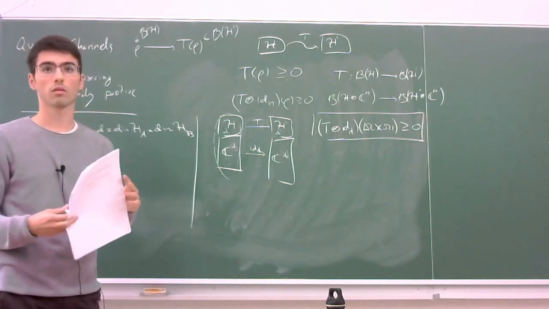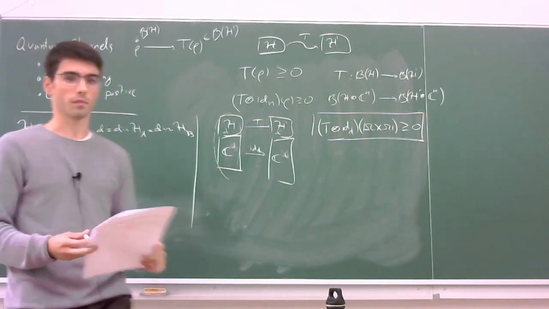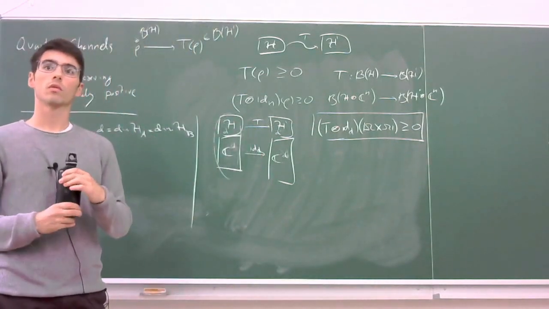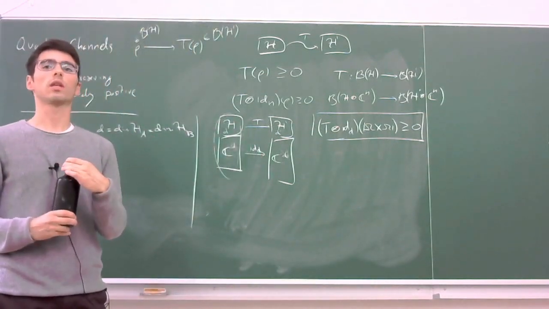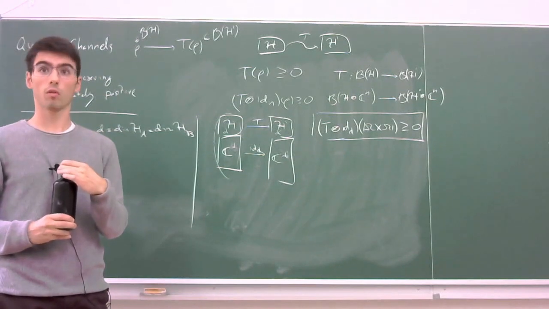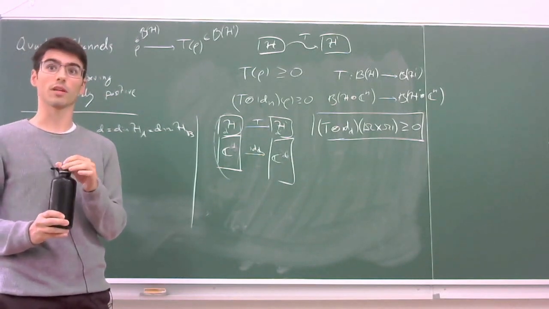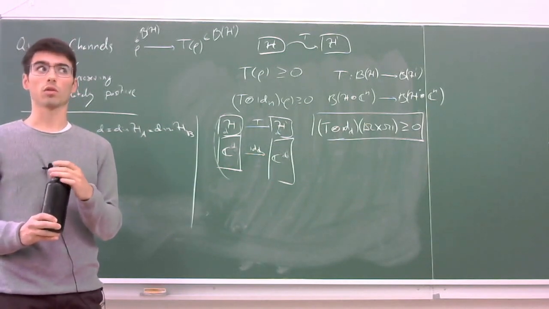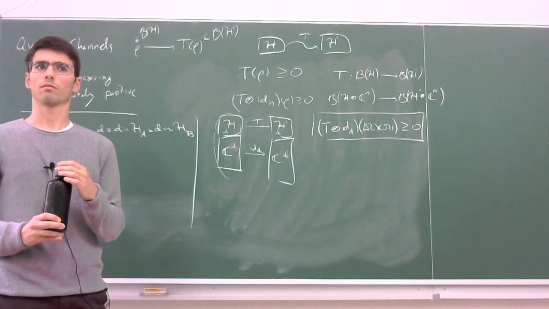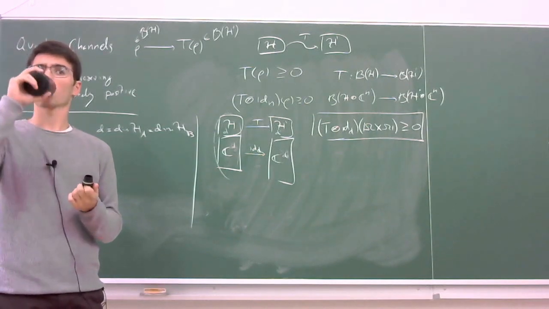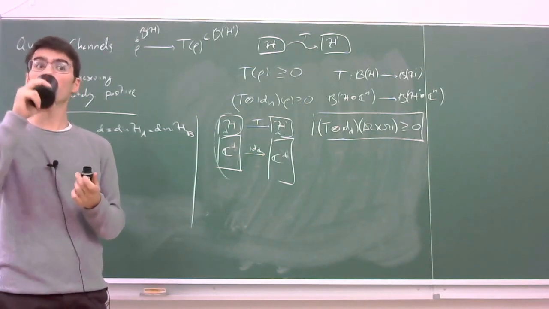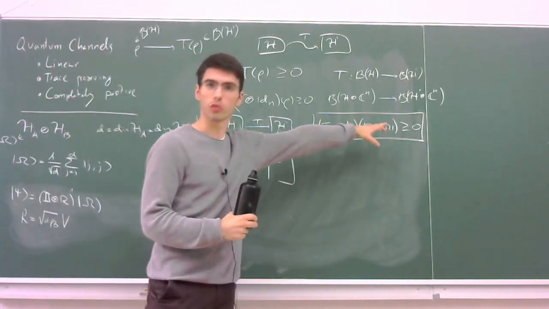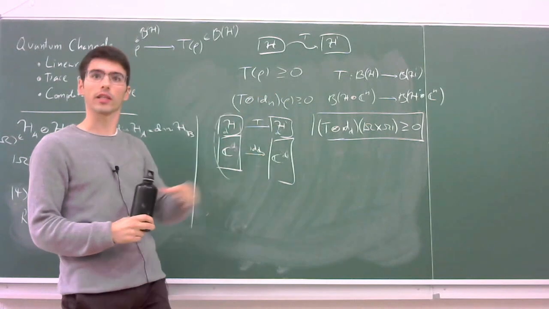The inequality above 0 means that all the eigenvalues are above 0, right? Yes, if you can diagonalize your operator, it means that all the eigenvalues are above 0. If not, I'm not sure. They can be 0, yes. Greater or equal to 0 means eigenvalues are greater or equal to 0.